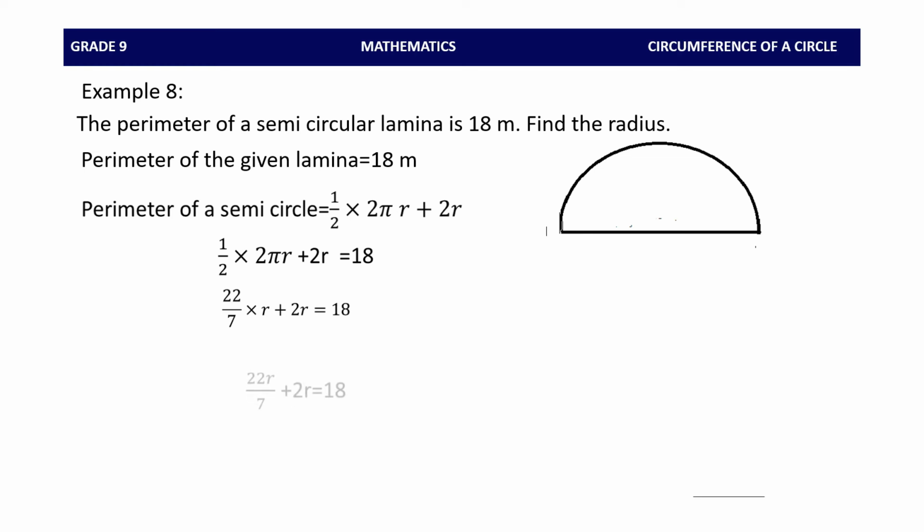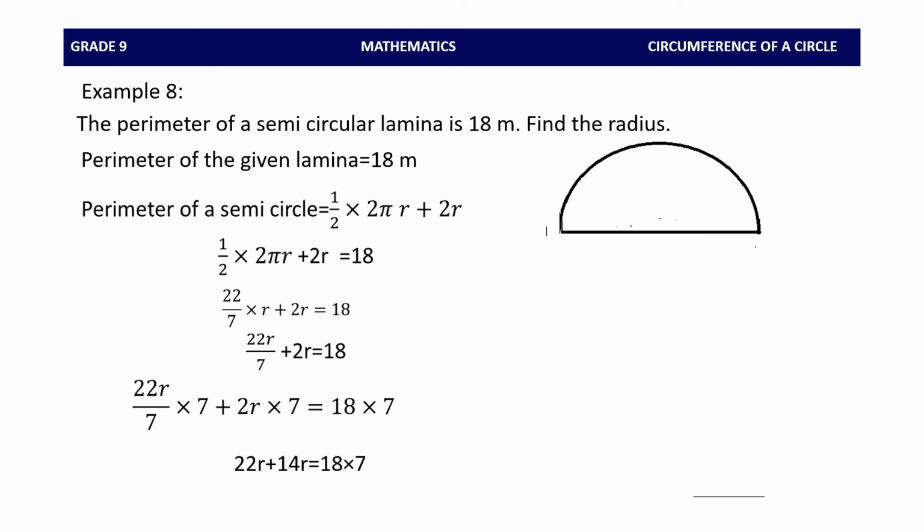Now multiply the whole equation by 7. 22r over 7 multiplied by 7 plus 2r multiplied by 7 equals 18 multiplied by 7. 7 and 7 simplified. The remaining is 22r plus 2 multiplied by 7, 14r equals 18 multiplied by 7.